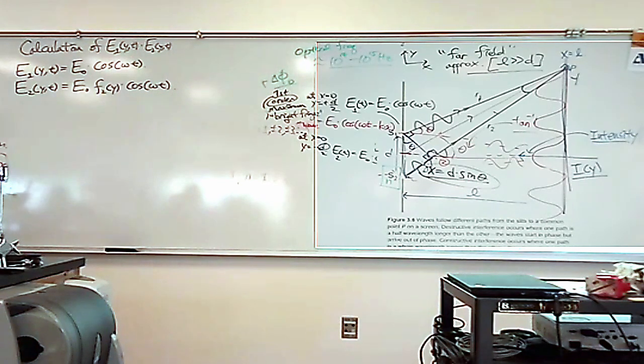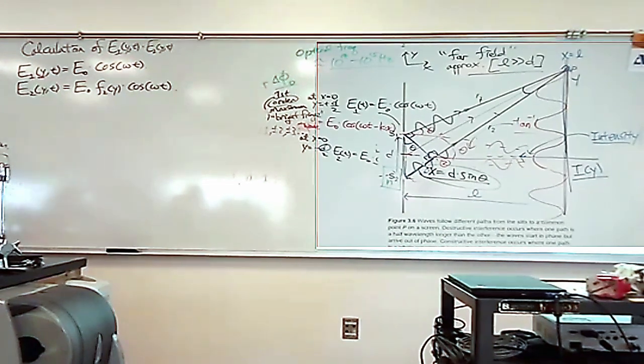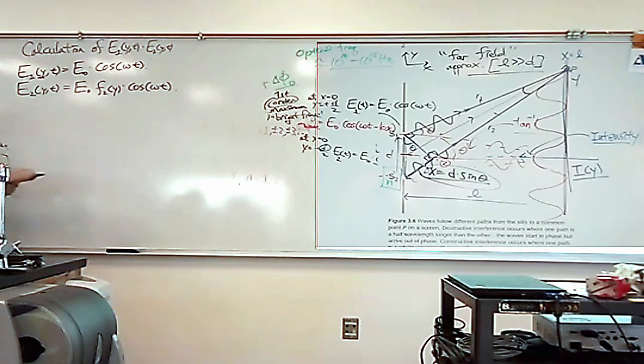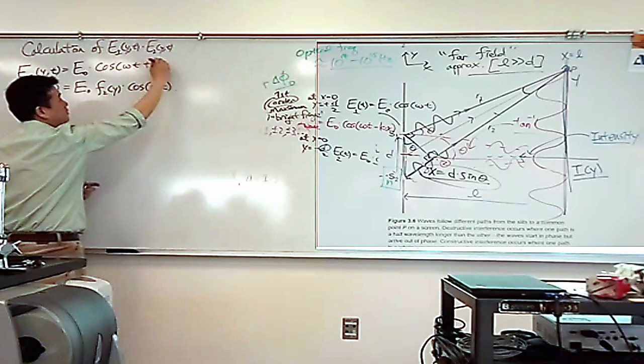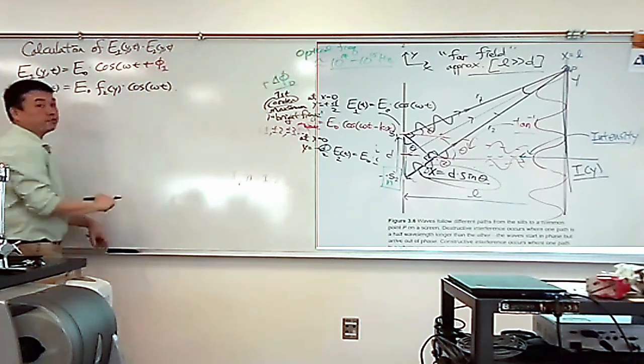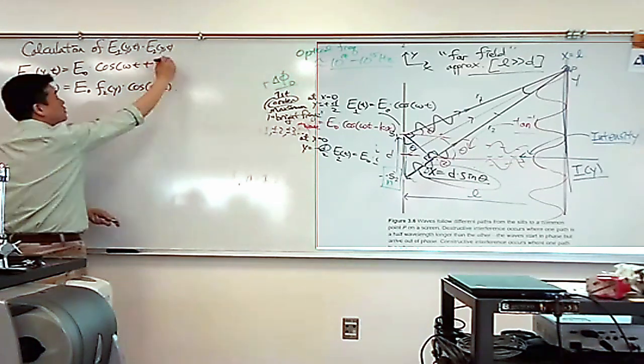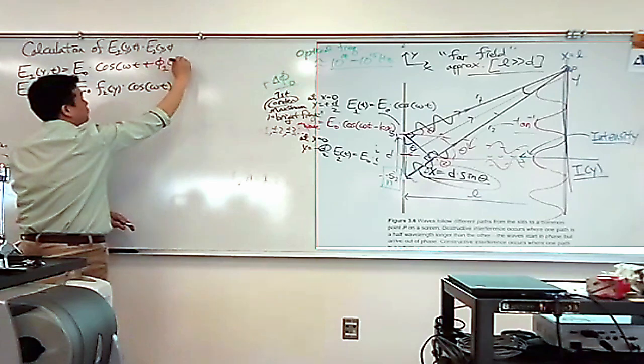But just this, it's way too simple. I mean, where is the position dependence, right? So the way I want to include this position dependence is this way. I want to include it as a phase factor, omega t plus the phase due to slit 1, which is a function of y position.